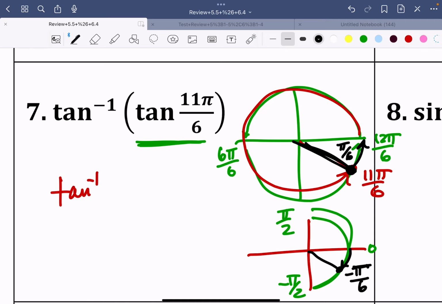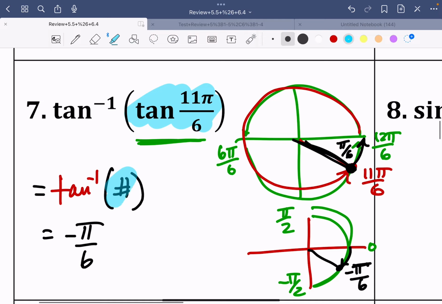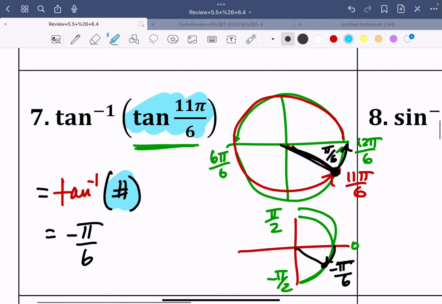So negative pi over 6 is exactly the same as this. They're going to have the same tangent, but this is something that lives in my restricted area. So when I do tan inverse of that number, I'm going to end up getting back negative pi over 6. So I don't know what this number is, but I do know when you take the tangent inverse of it, you're going to get negative pi over 6.